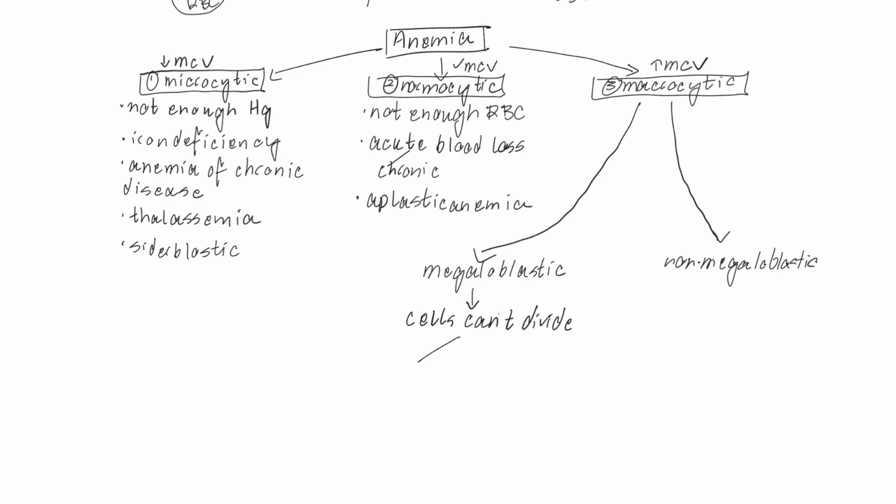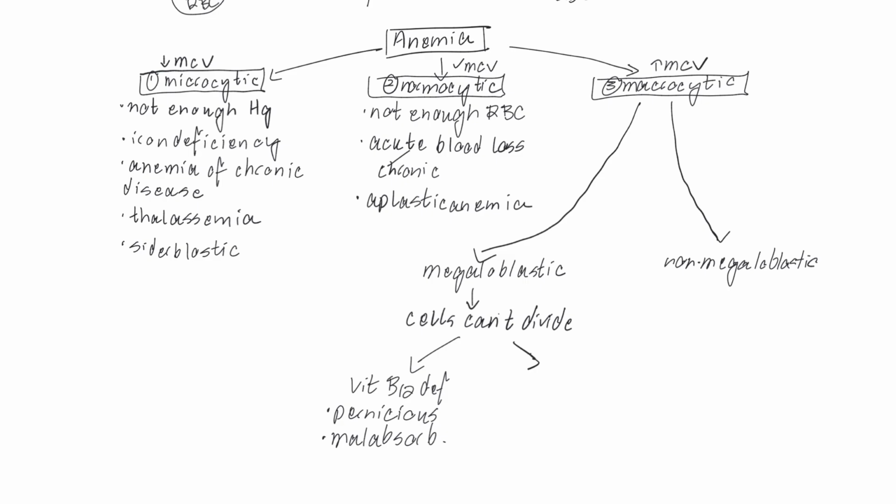And there's actually 2 categories of megaloblastic: vitamin B12 deficiency. So this could be from pernicious anemia. So that's an autoimmune condition, or malabsorption. You aren't absorbing B12 anymore.